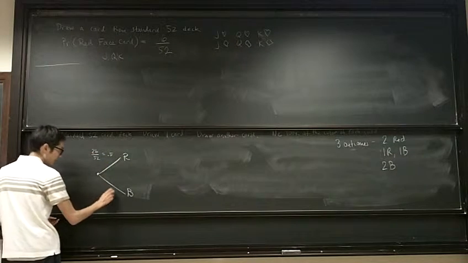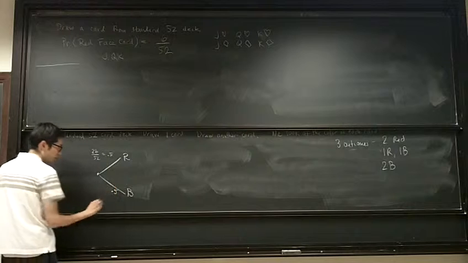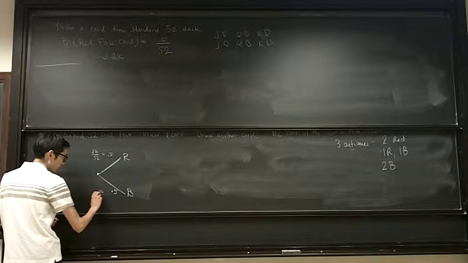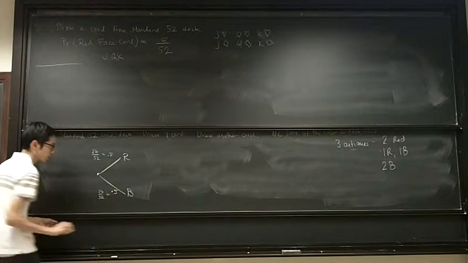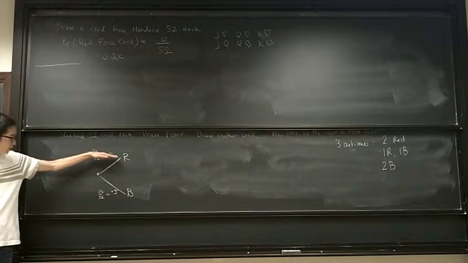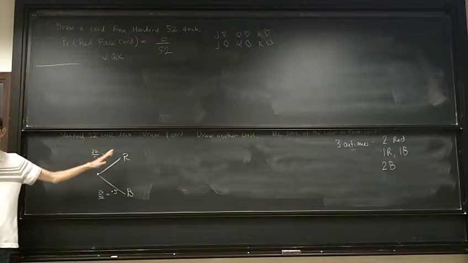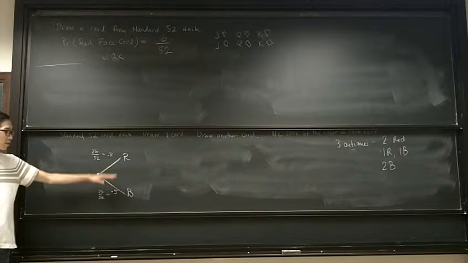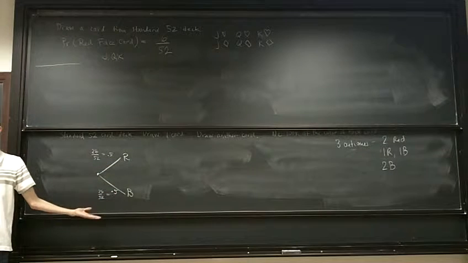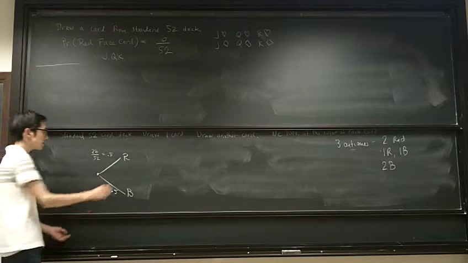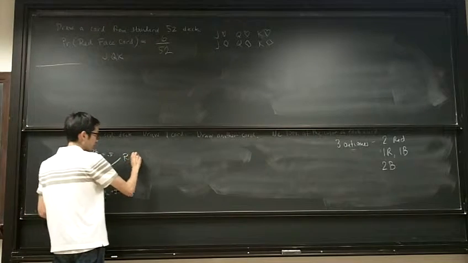Same thing here, 0.5, 26 out of 52. This represents all possible outcomes, so these two have to add up to 1. Okay, let's say I drew a red card.